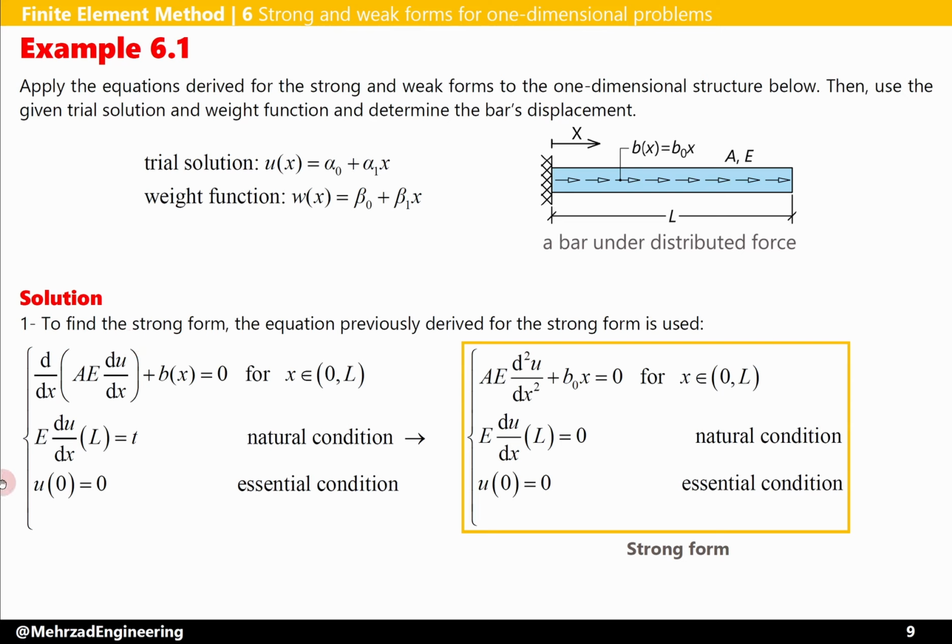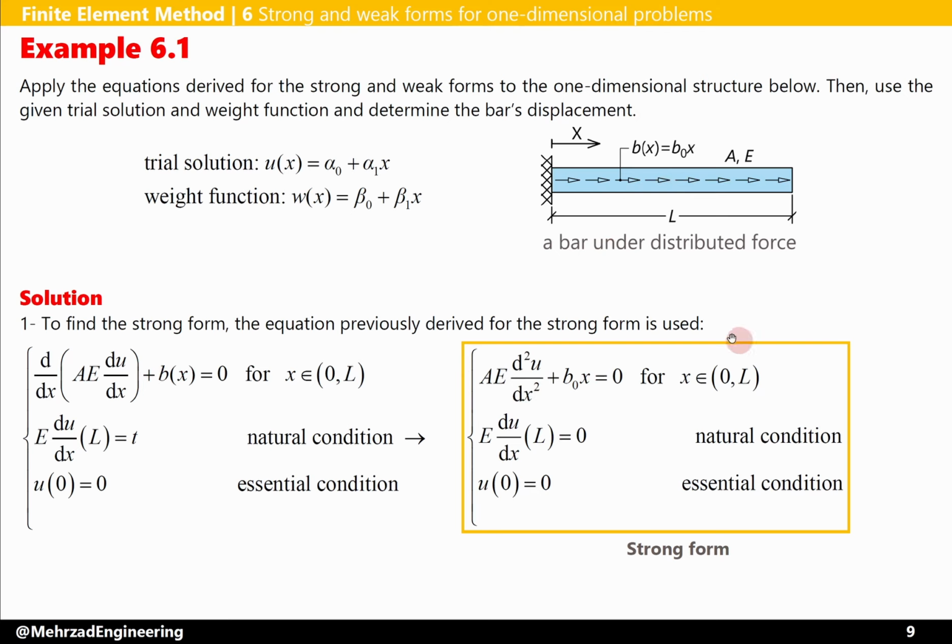This is the equation of the strong form we have obtained earlier. We just need to apply the cross-sectional area, elastic modulus, distributed force, and we need to adjust the natural and essential boundary conditions. So the cross-sectional area is constant and is equal to A, and the elastic modulus is constant again and is equal to E. So we could take them out of the derivation, and instead of b of x, we could apply b0 x.